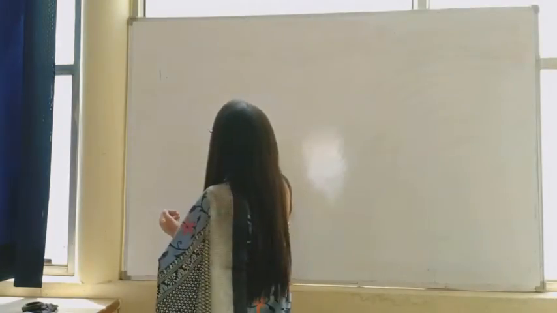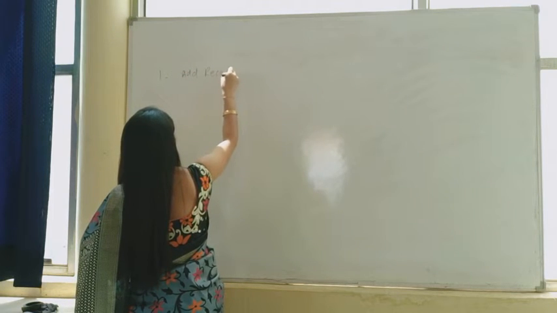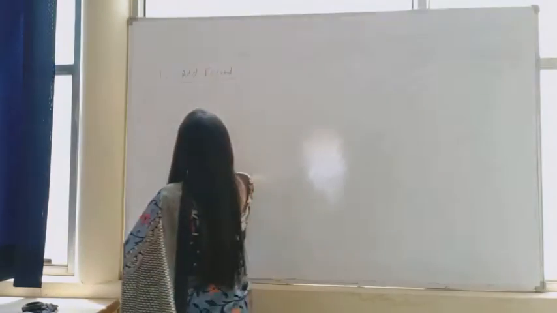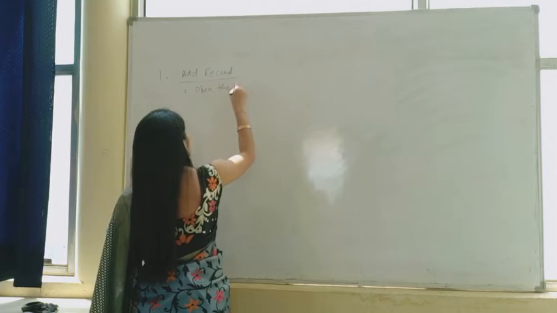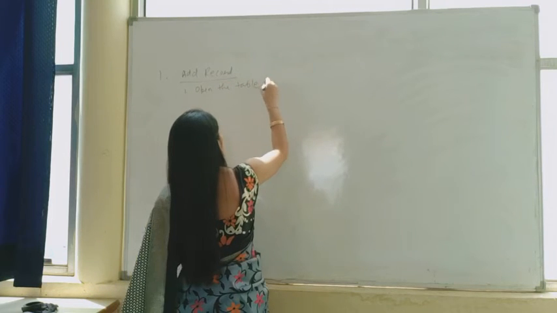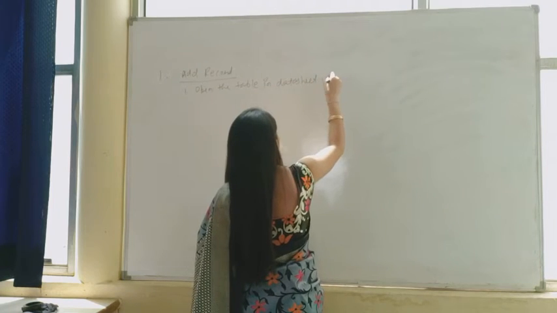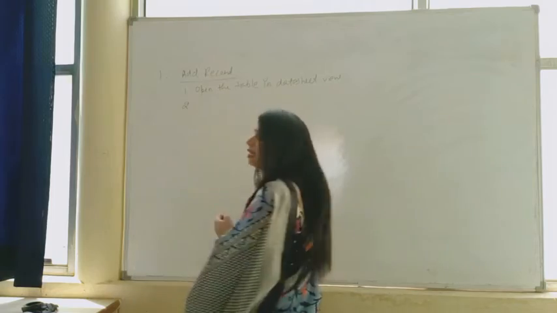Every editing task we can do in datasheet view. So the first answer, add record, means how to add any record. The first step is open the table in datasheet view.